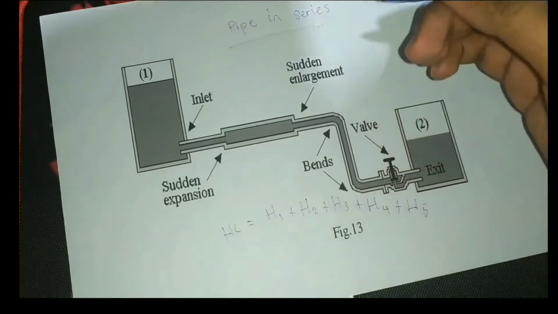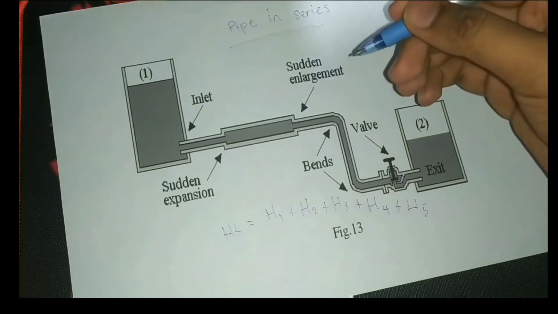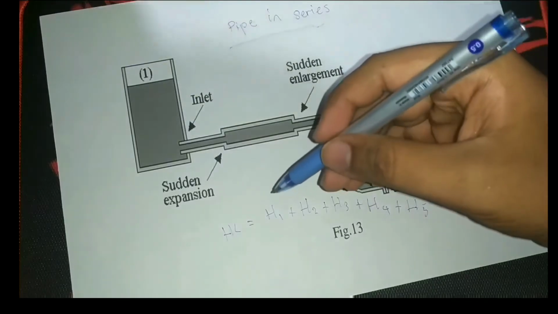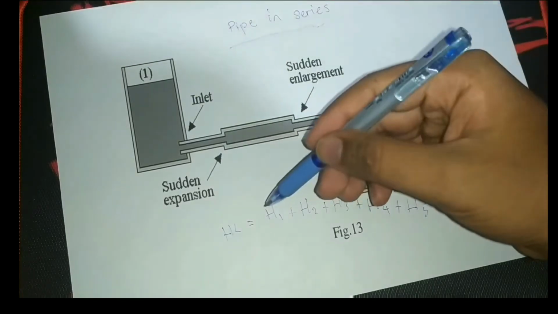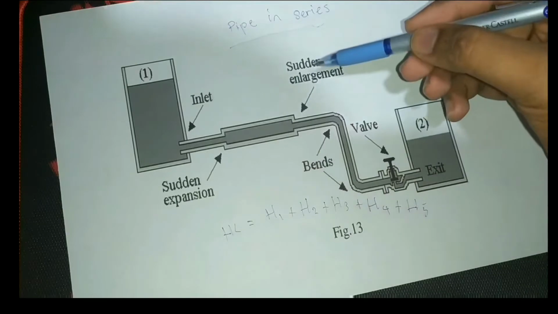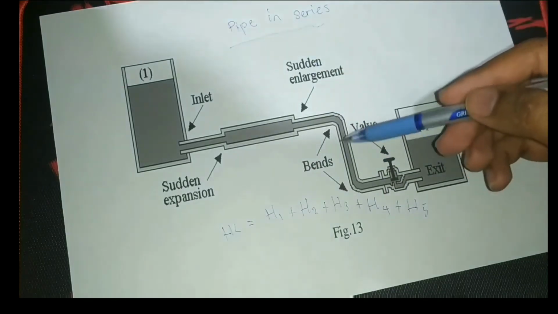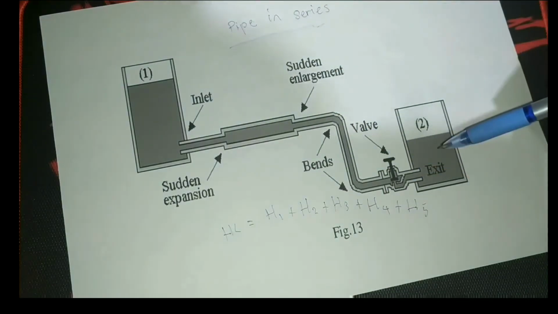If we want to know the head loss, we total up the H inlet, H sudden, H bend, H valve, and exit.